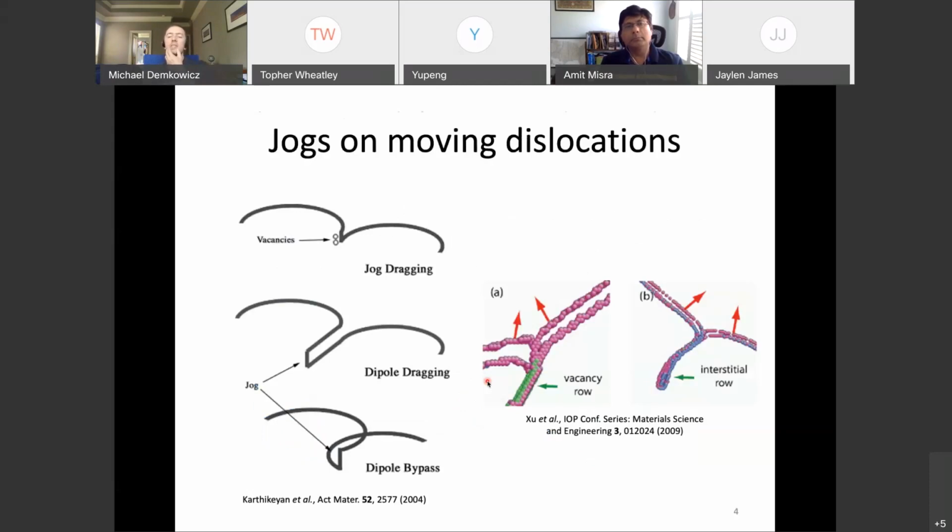Here I'm showing you some images from two papers. This is showing you two dislocation segments that are on parallel planes, and there's a certain resolved stress applied to them, so they're bowing out. And here's a little jog that connects the two, and that jog can't glide, as we just showed.